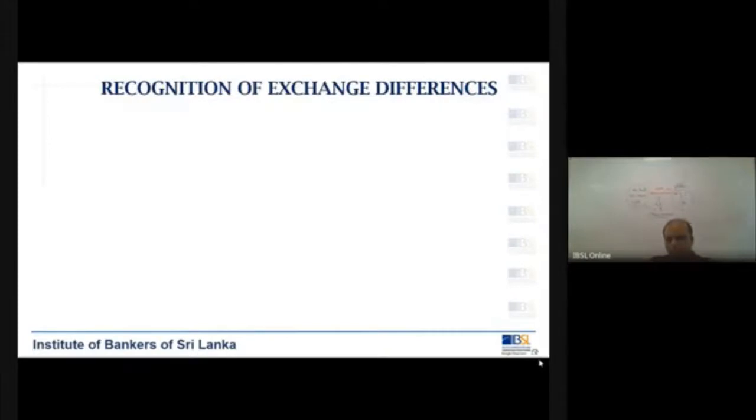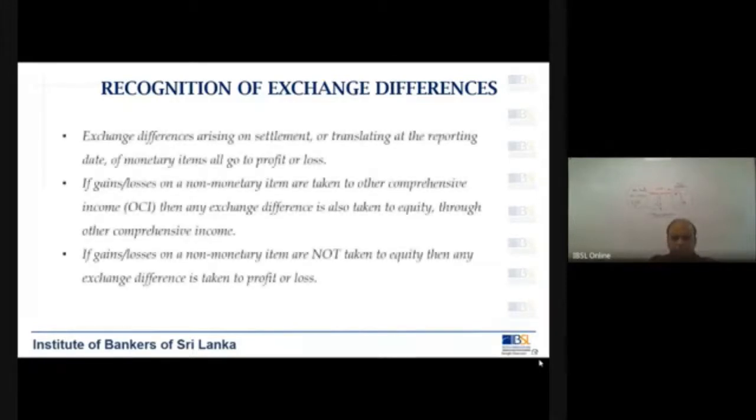So now we come to an important part, which is recognition of exchange differences. Just read through this, then I will explain to you on the board how these are treated.